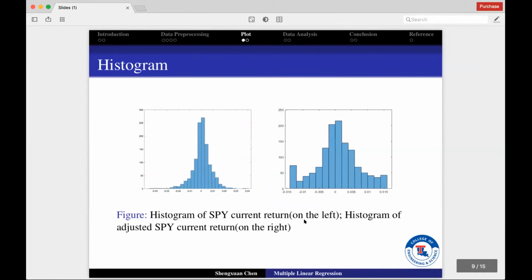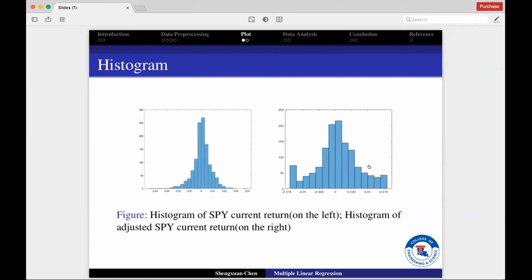So after filling the missing data and removing the outliers, I can get the histograms after pre-processing. As you can see, the first histogram is before pre-processing and the second one is after pre-processing.